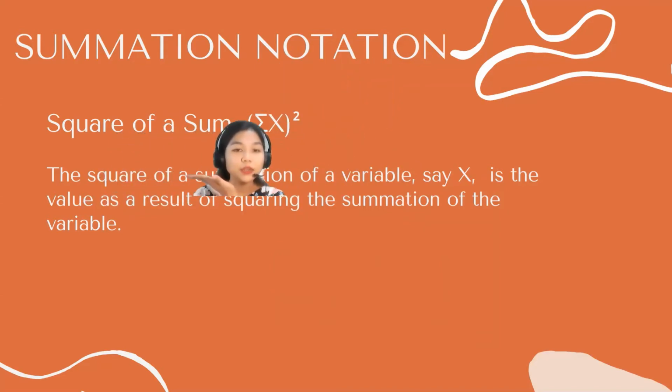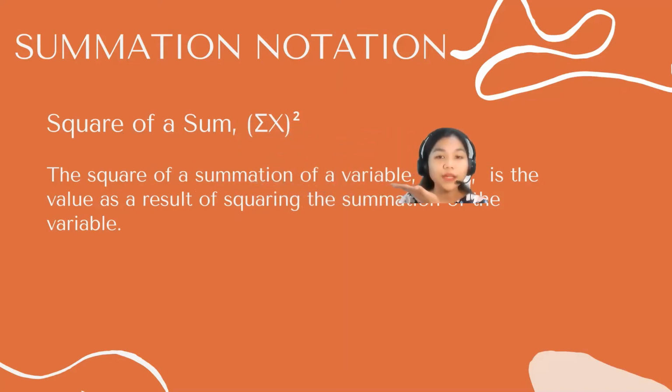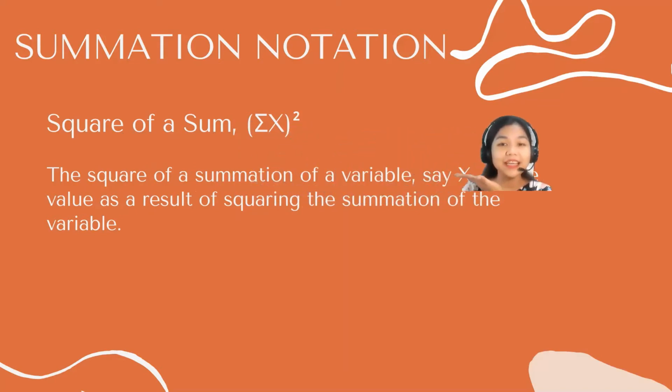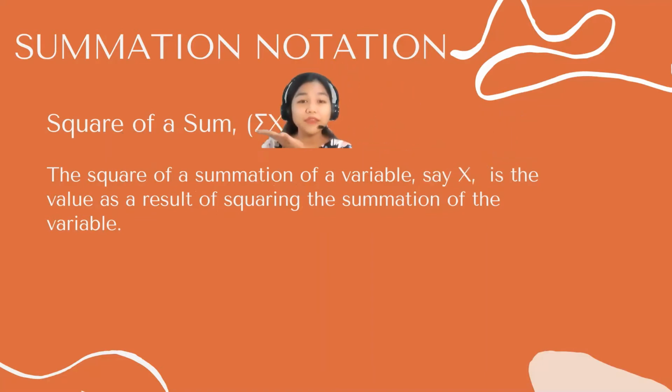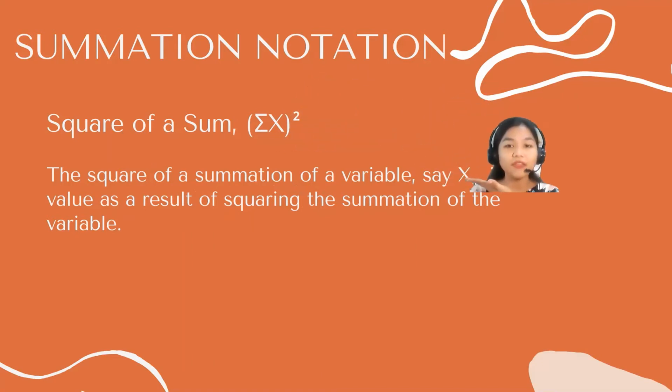Accordingly, the square of a summation of a variable, say x again, because we have used x in this notation. But again, x is just a dummy variable. You could use any other letter such as y, z, or any letters remaining in the alphabet.